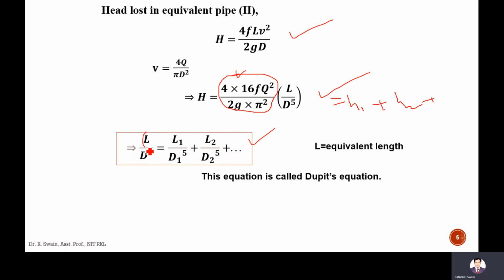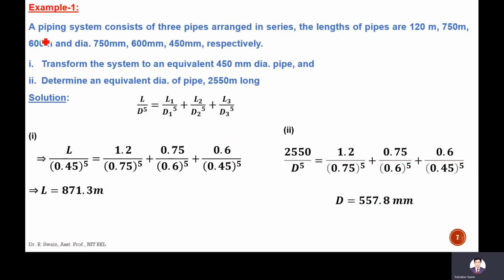Here L is the length of the equivalent pipe and D is the diameter of the equivalent pipe. These are the individual pipes, L1, L2, D1, D2, like this. This equation is called Dupuit's equation.